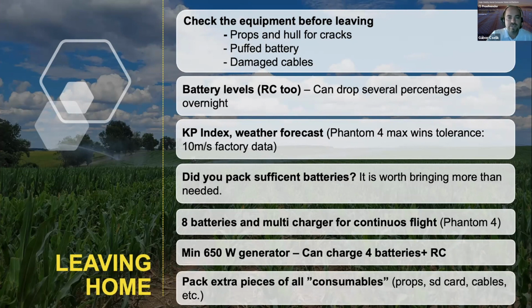But you also need a generator with you, and for a Phantom 4 drone it's 650 watts of power at least, and it can charge 4 batteries and your remote control at the same time. If you have an enterprise level drone, for example, a Matrice M300, then you will need a larger generator, more than 1 kilowatt of power.